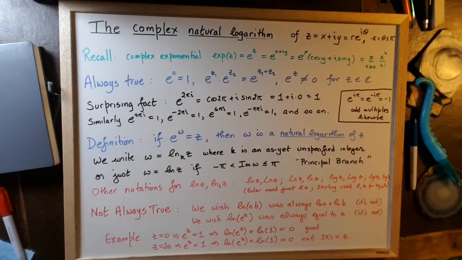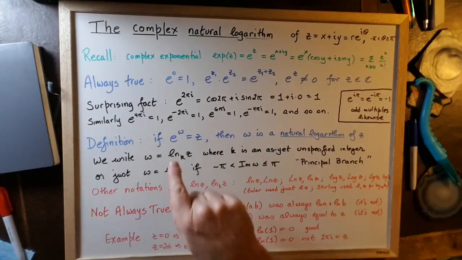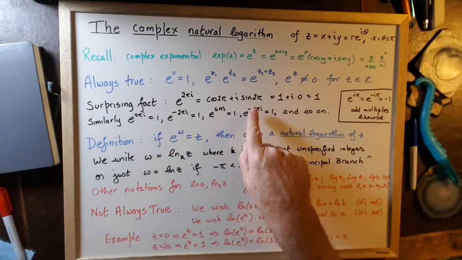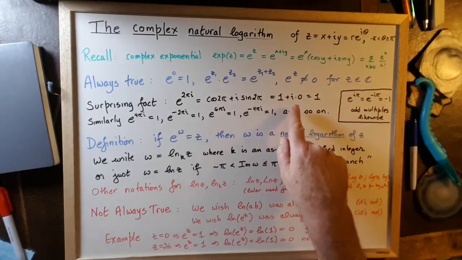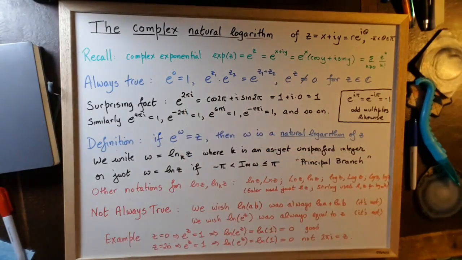All of that said, we then later discovered a surprising fact that not only e to the 0 was equal to 1, but e to the 2 pi i, which was cosine 2 pi plus i sine 2 pi, which is 1 plus i times 0, is also 1. So there's more than one number that has the same value of the exponential function. So the exponential function is many to 1.